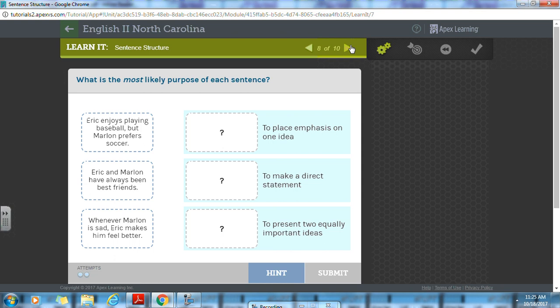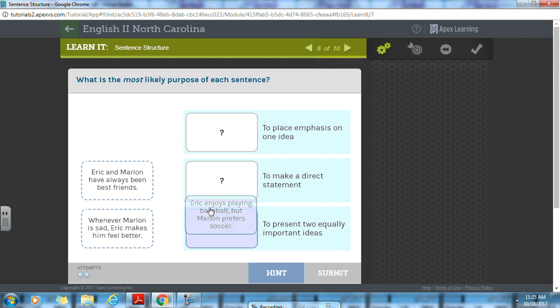So let's see how it is in action. So we have to place emphasis on one idea, to make a direct statement, or to present two equally important ideas. Eric enjoys playing baseball but prefers soccer. Eric and Marlon have always been best friends.